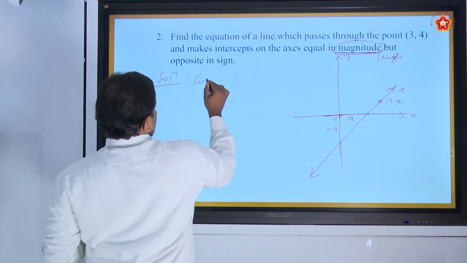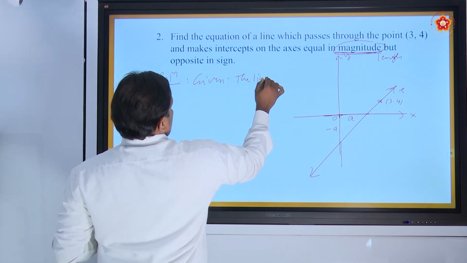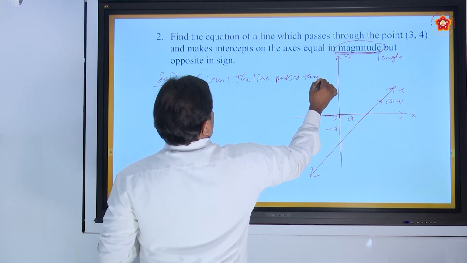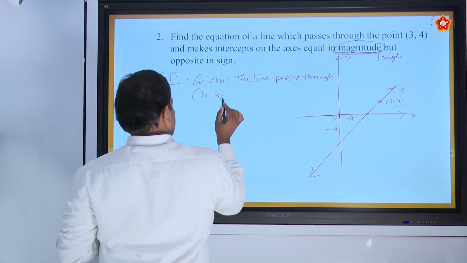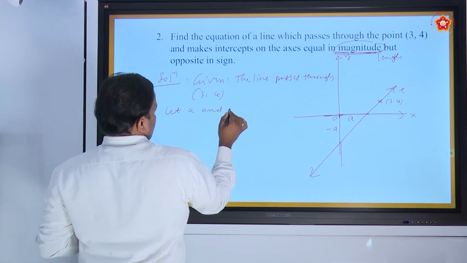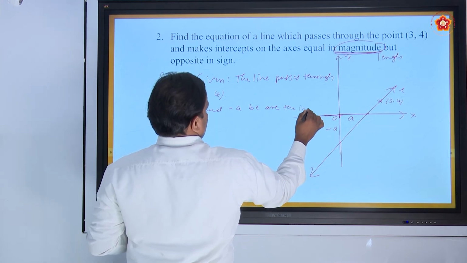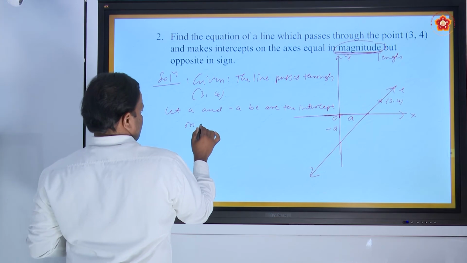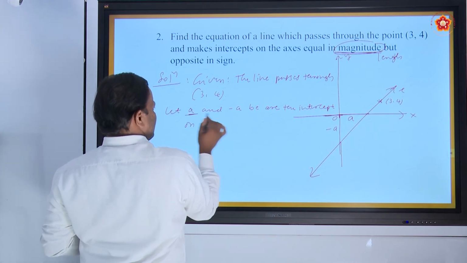Given, the line passes through 3 comma 4. Okay, let A and minus A be the intercepts on the axes. On the axes means x and y. Why am I taking A and minus A here?